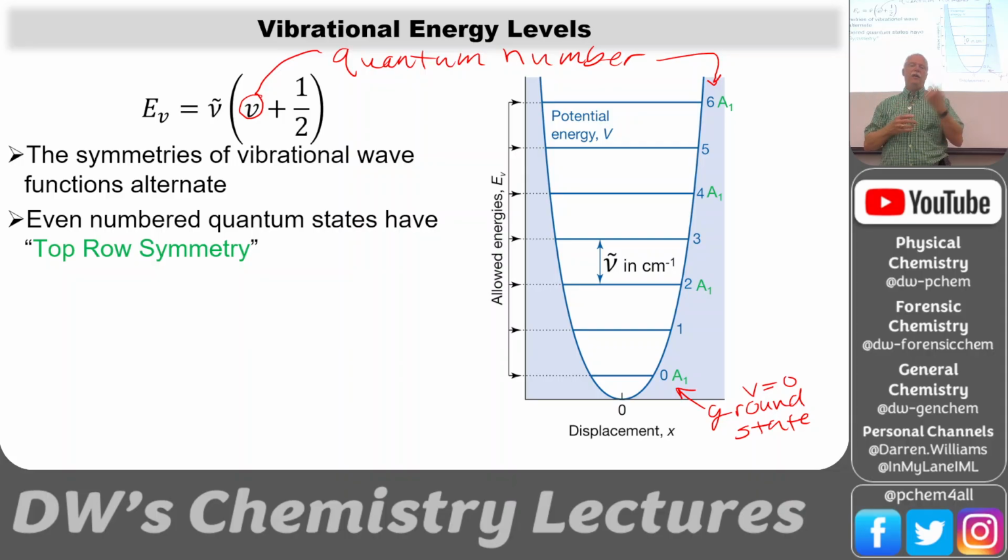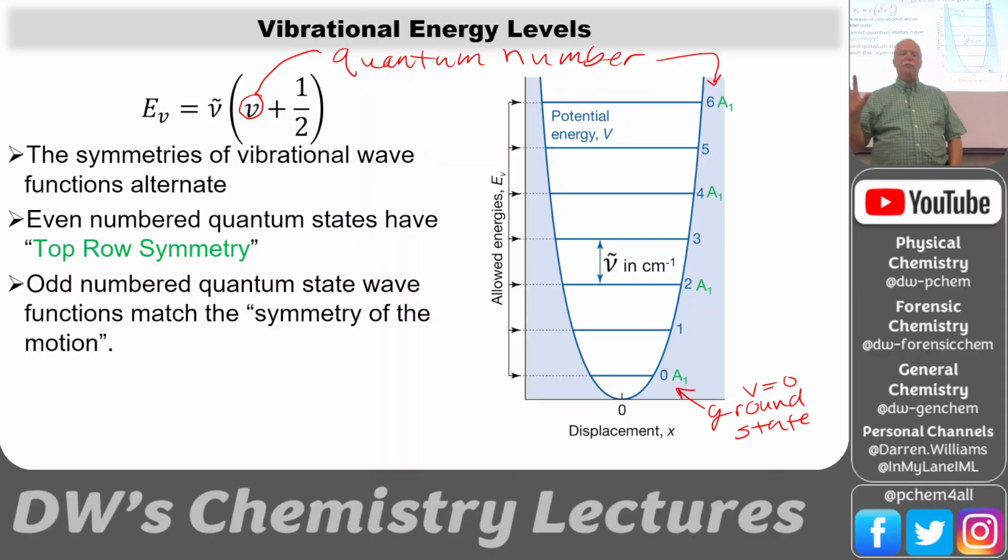But in our case here for water, this doesn't have an inversion center, so there's no g's and u's. For something like a molecule with an inversion center, it's just Ag and Au. So you have to look at the character table and the point group to know whether it's A1 or Ag or A prime or A1g, etc. But still, the even quantum states in vibration are all top row symmetry.